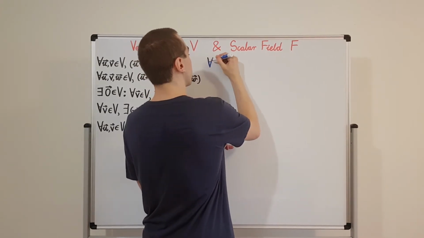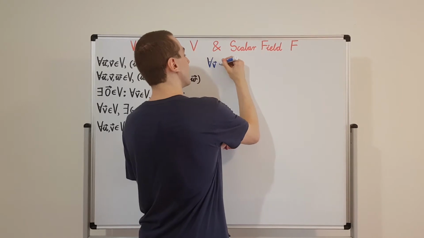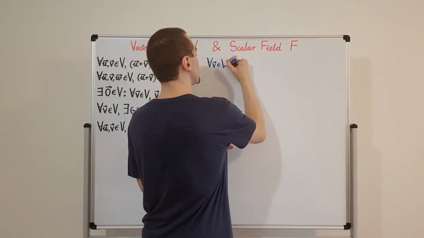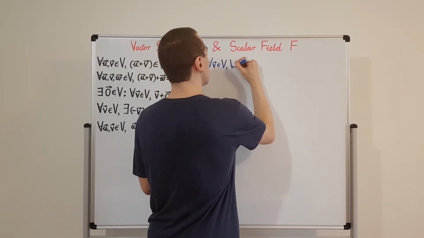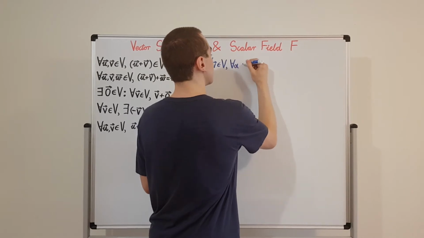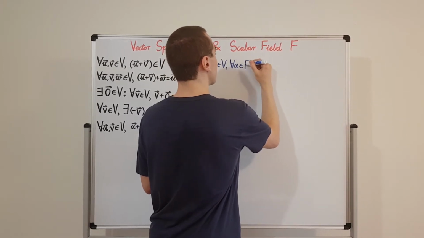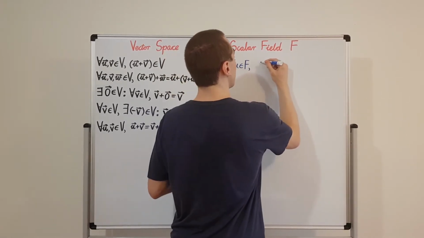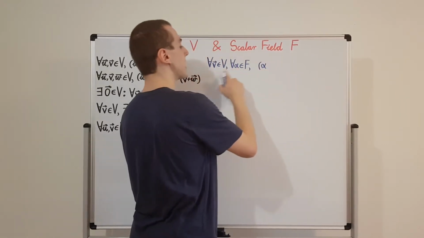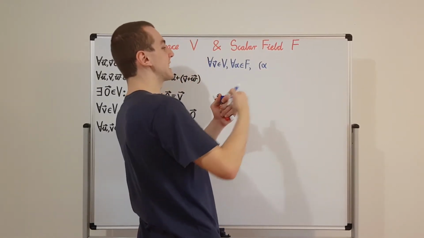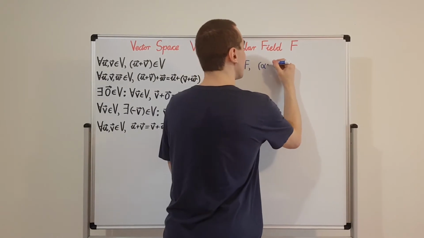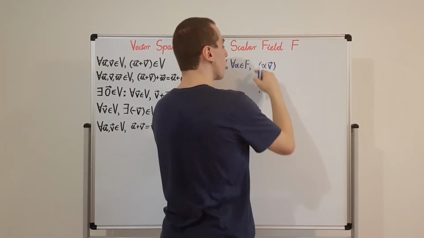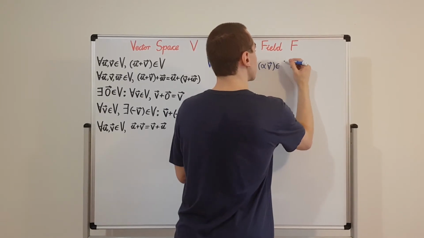So for all vectors v in the vector space, and for all scalars alpha in the scalar field, I want to combine these two elements together using the operation of scalar multiplication. So I'm going to get alpha times this vector v. I want this to also be an element of the vector space.